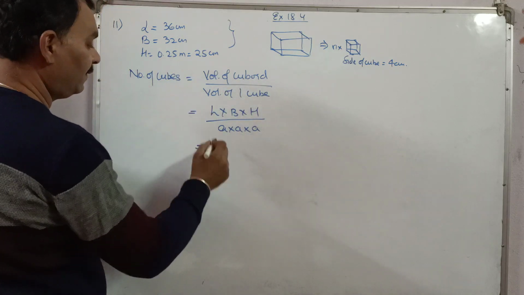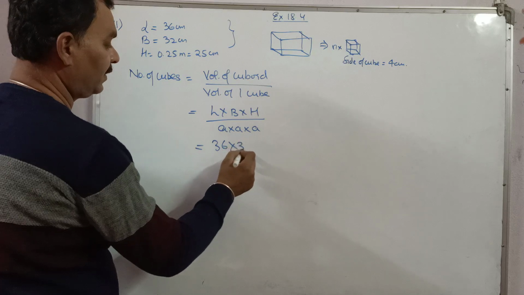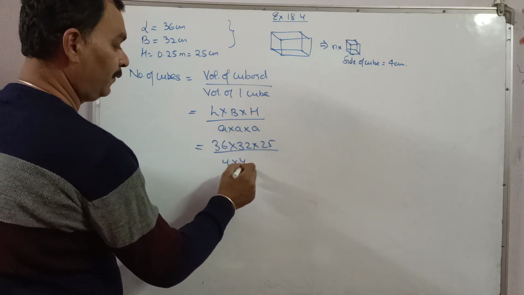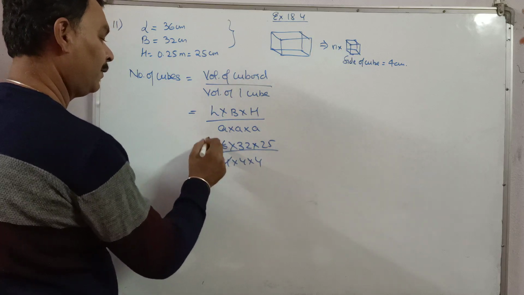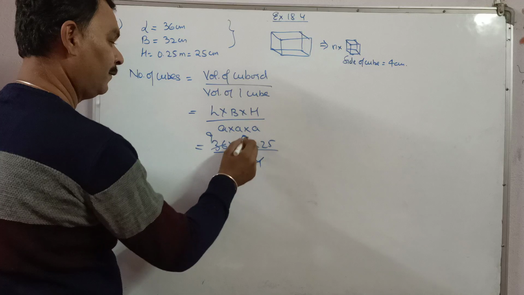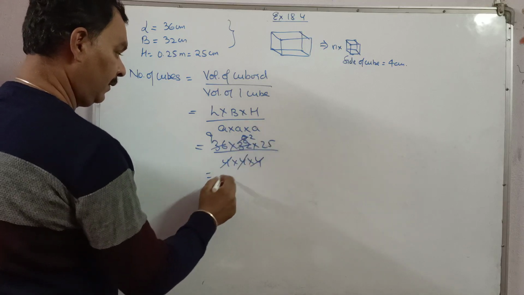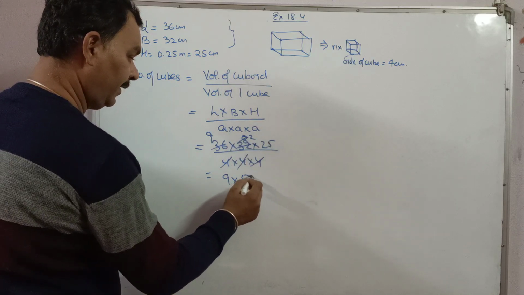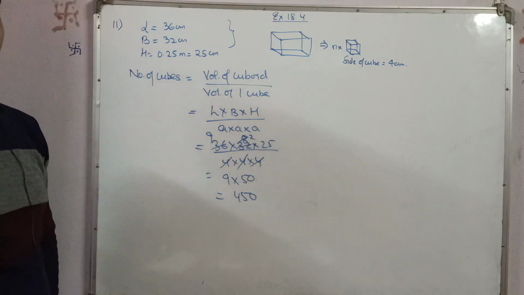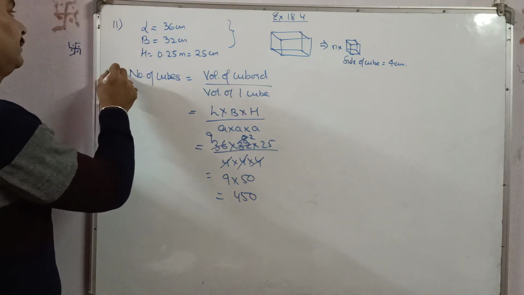On substituting the values, 36 into 32 into 25, and a is 4 into 4 into 4. Okay, 4 nines are 36, 4 eights are 32, 4 twos are 8. Okay, 9 into 50, 450 cubes can be formed. So this is the first part.